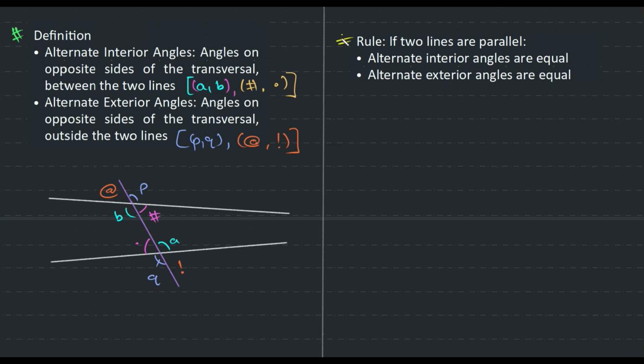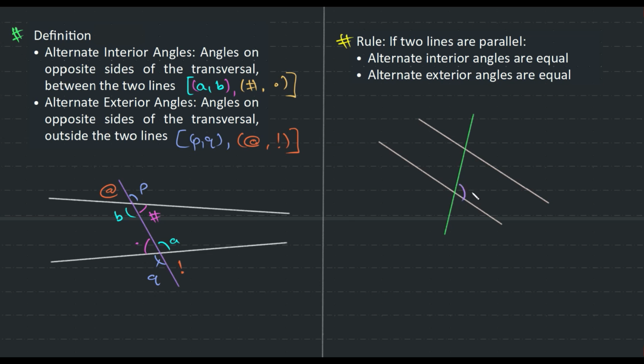Now, there's a certain rule when it comes to parallel lines and alternate interior angles. It's quite simple. Whenever we have parallel lines, the alternate interior angles are equal. I'll give you one example. We have parallel lines and a transversal line.